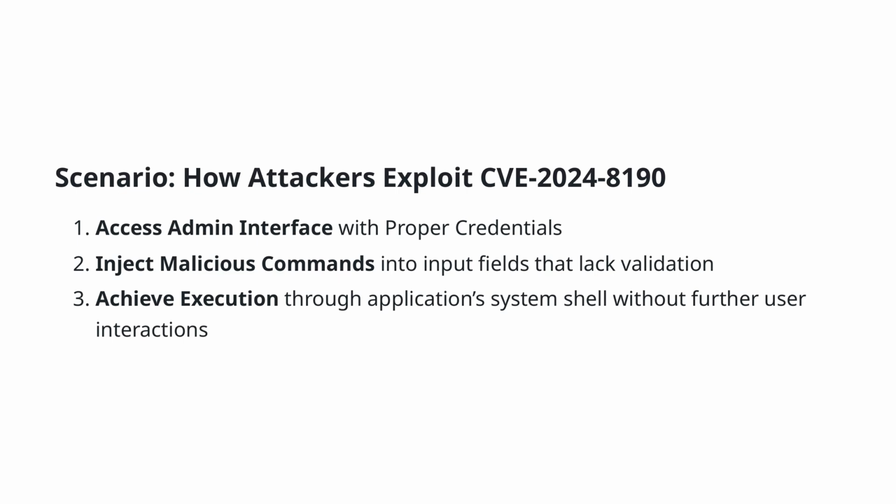Without such validation, the application overlooks these injected commands, which are then processed by the system shell. This progression allows the attacker to execute commands of their choice, ultimately gaining control or retrieving sensitive information without any need for further interactions with the user.